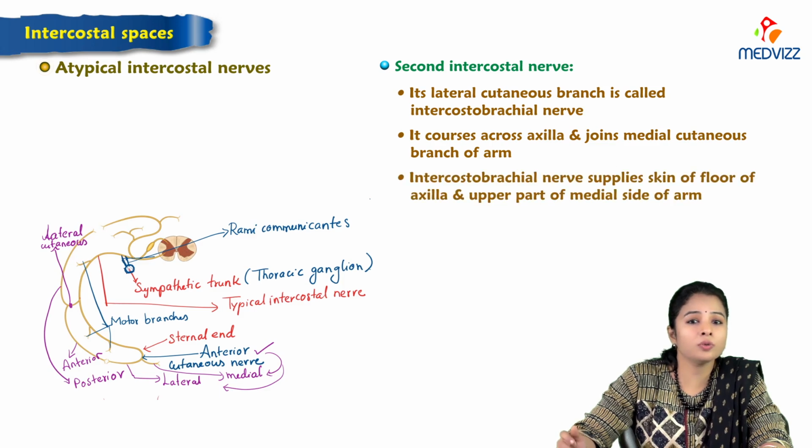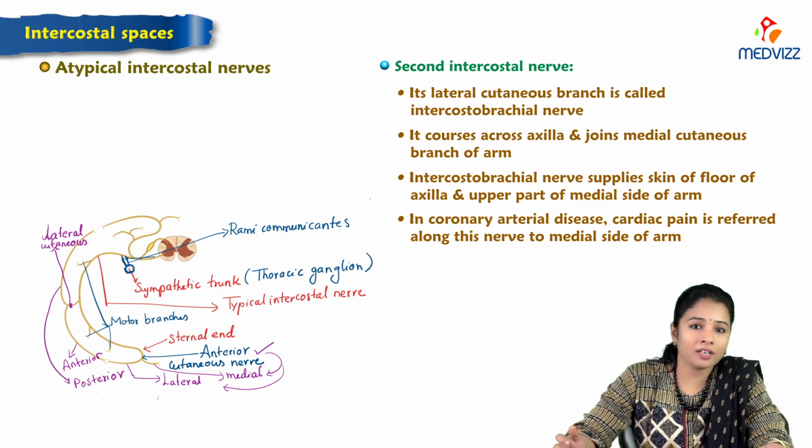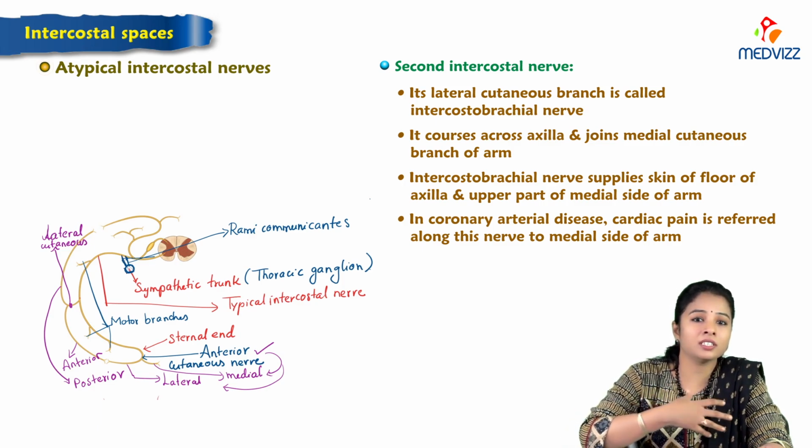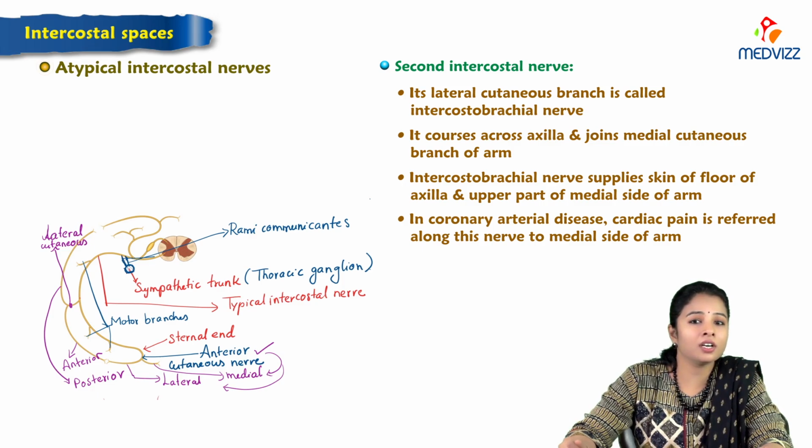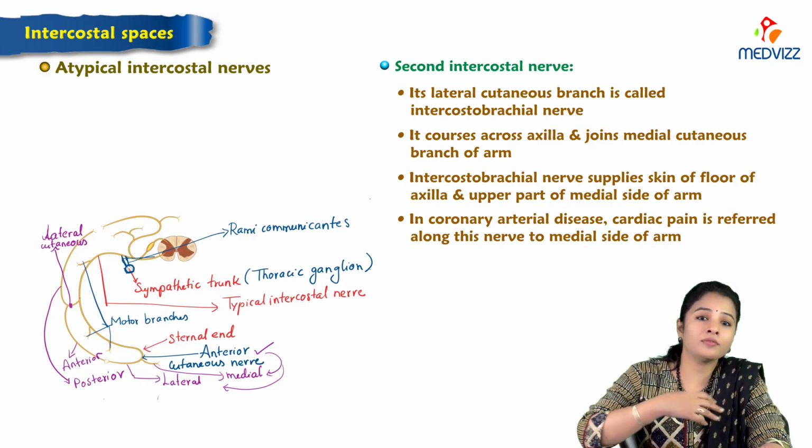So the intercostobrachial nerve supplies the skin of the floor of the axilla and the upper part of the medial side of the arm. In coronary arterial disease, that is, if there is any disease in the coronary artery or cardiac pain, it is referred along this nerve to the medial side of the left arm.